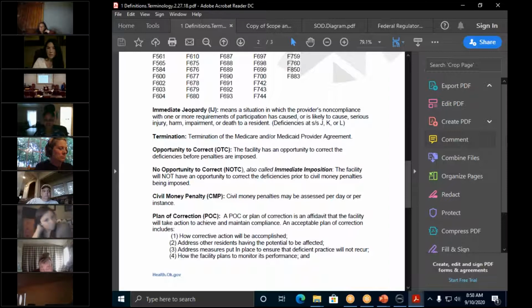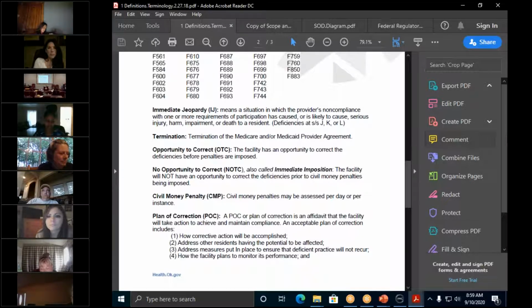So if you have an opportunity to correct, you have a 90-day DPNA from the exit date of the survey. You have a 6-month termination date from that. So you're not having any money penalties imposed or anything like that.